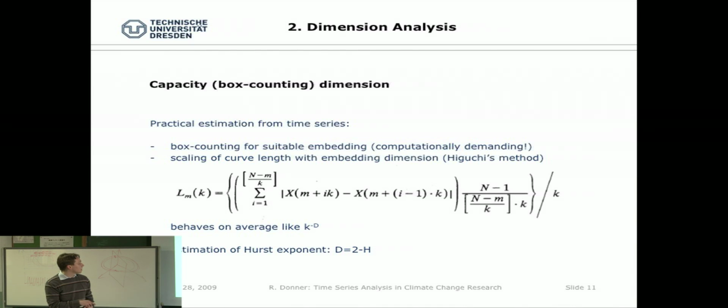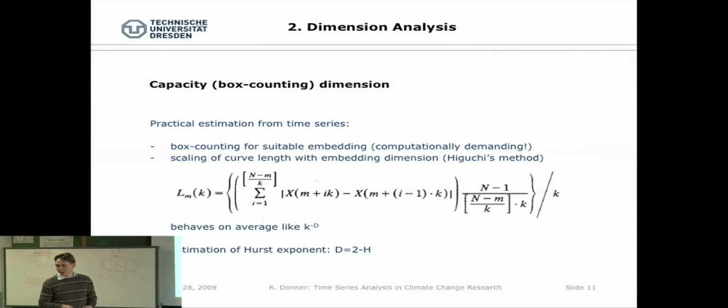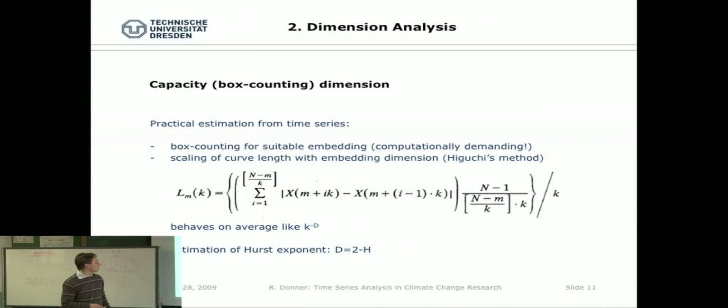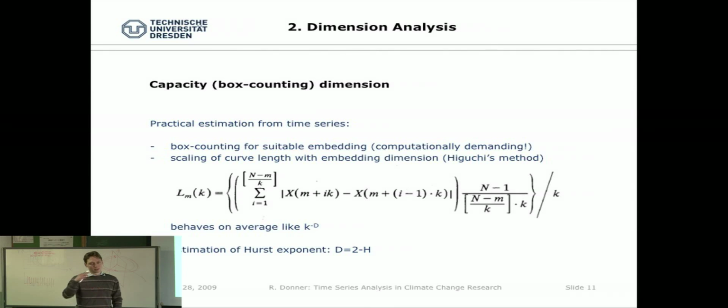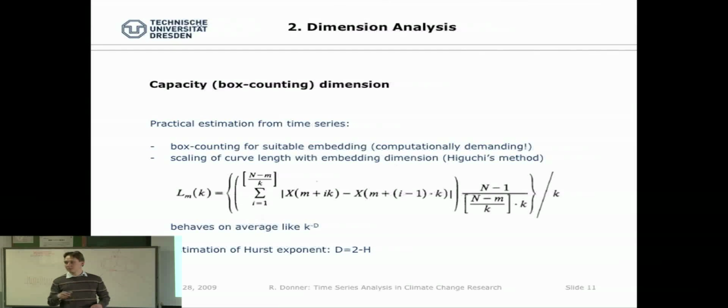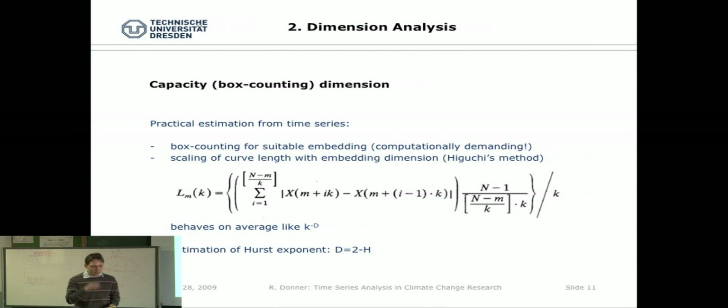You sum up over the absolute value of this difference. You have to get some proper normalization to get it to work. And then you find that this curve length, in dependence of this embedding dimension, behaves on average like k to the minus d. And d is now again this fractal dimension in the sense of box counting or capacity dimension. So that's the idea.